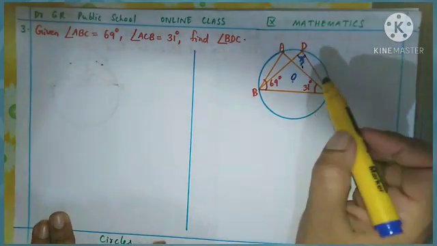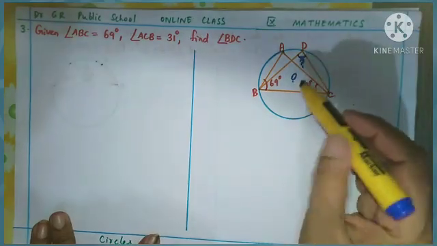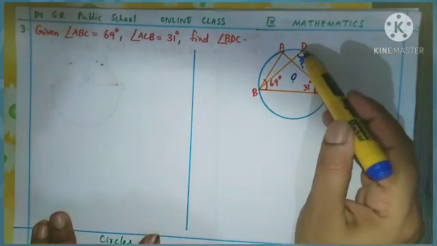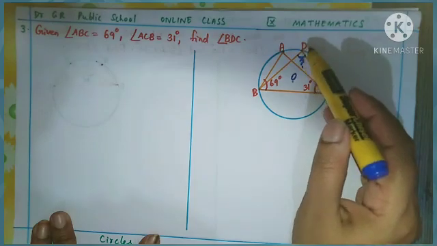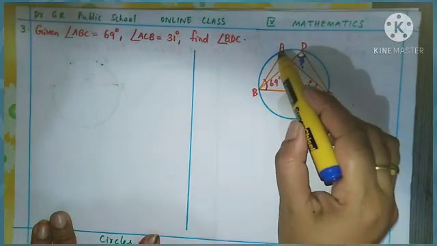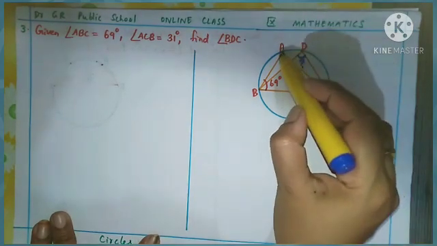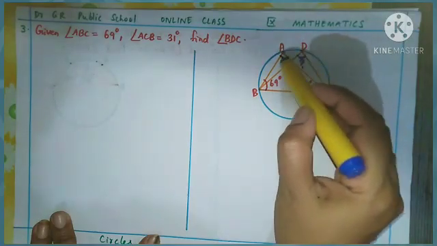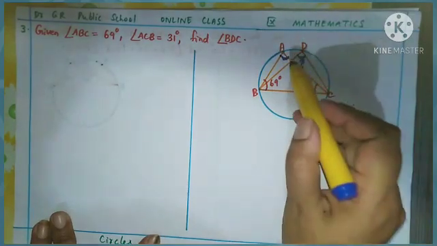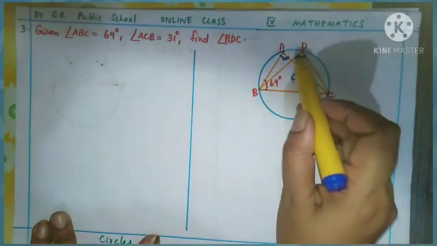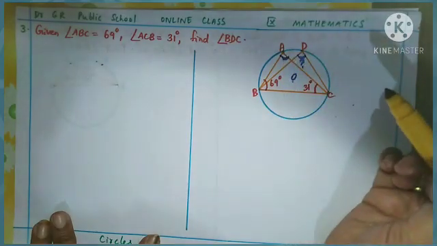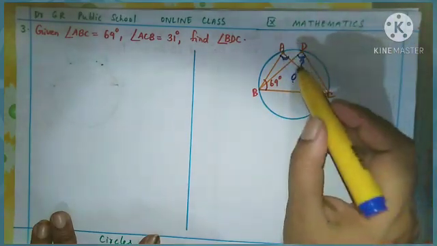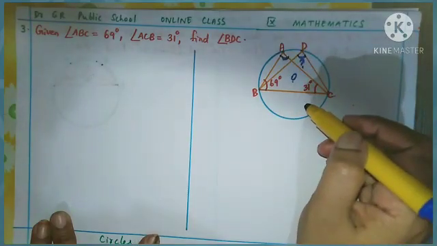So students, you know that this angle, angle A, and angle D are on the same segment of the circle, correct? What do you know about angles on the same segment?